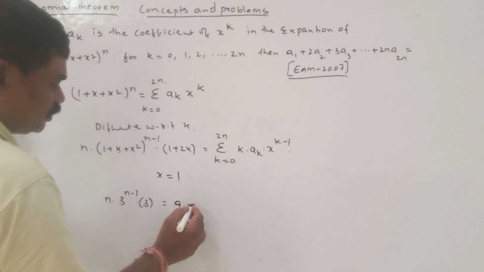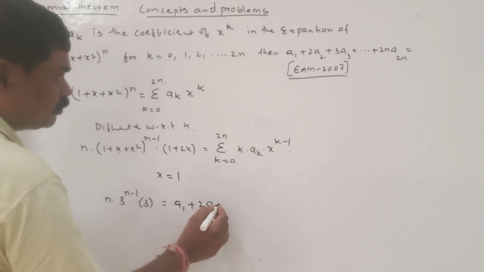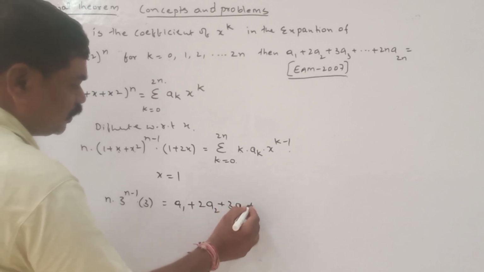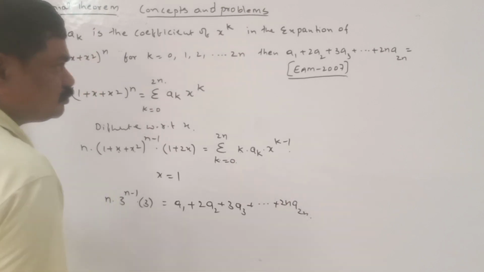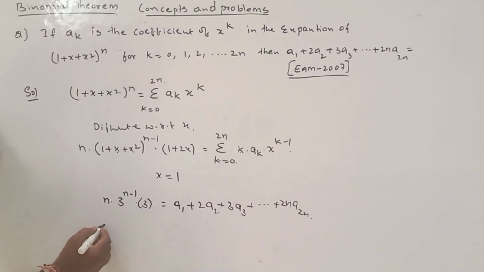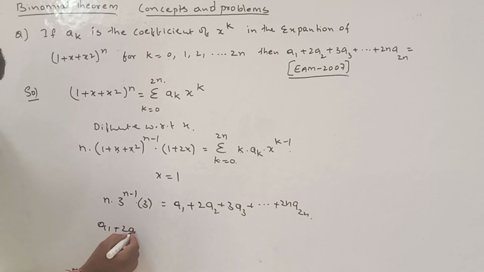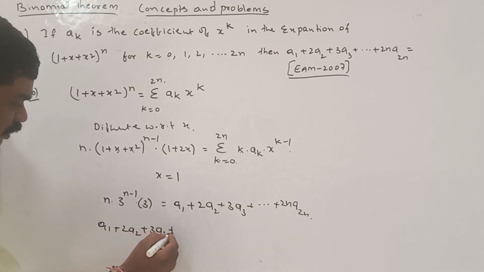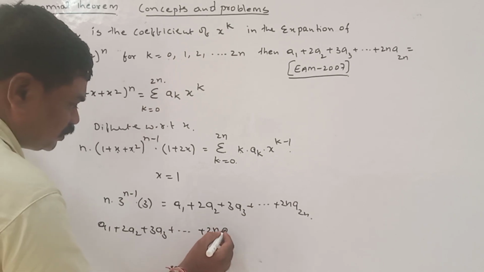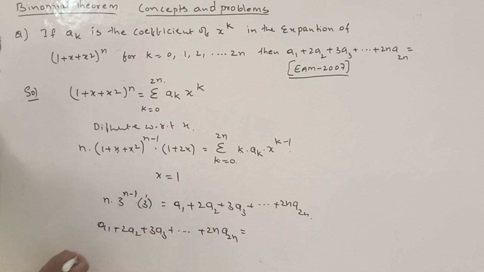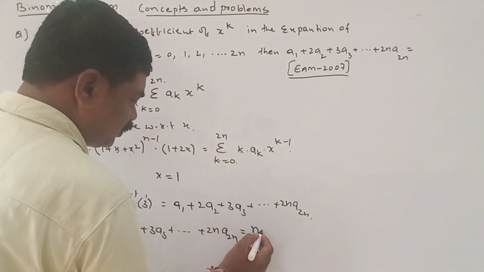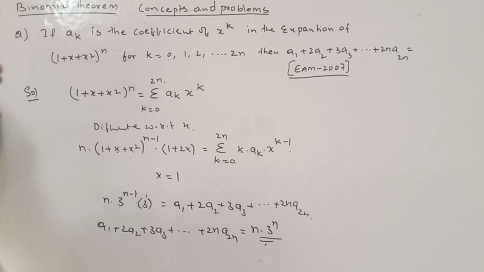So this is a1 plus 2a2 plus 3a3 plus so on plus 2n a2n, which is equal to n into 3 power n minus 1 into 3, that is n into 3 power n. So we have the answer n into 3 power n.